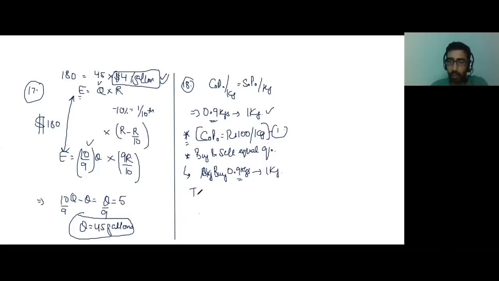Which means the cost you must have incurred in buying 0.9 kgs is 0.9 into 100 rupees a kg, rupees 90. But when you sell, since you're selling 0.9 kgs as 1 kg, your total sale will be 1 kg into 100, rupees 100.